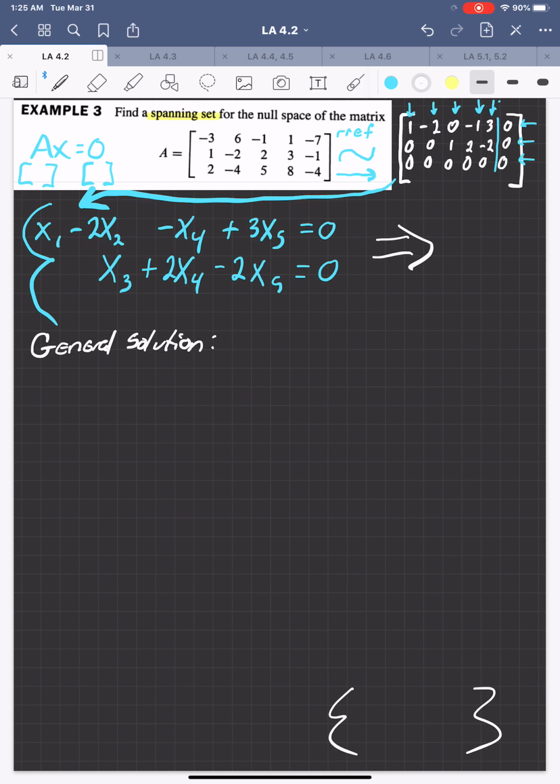So let me ask you a question. How many free variables do I have? What is the number of basic variables? What is the number of free variables? While I'm writing this out, maybe you can take a look above at that matrix and figure out how many free variables we have.